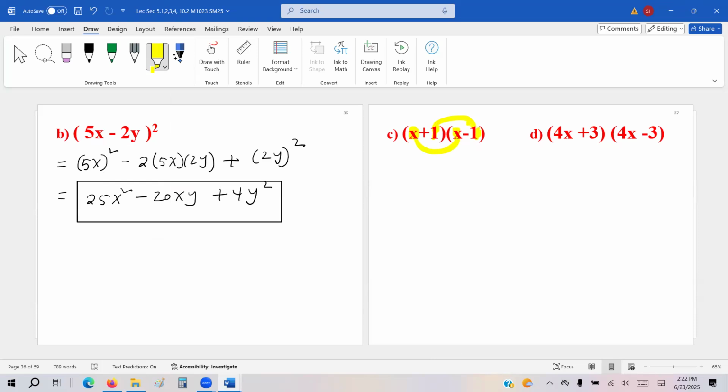So the rule says, if you have the same two terms, adding and subtracting, all you have to do is square them and subtract them. So take the first one, x, square that, and always subtract the second one and square that. In other words, it becomes x squared minus 1.